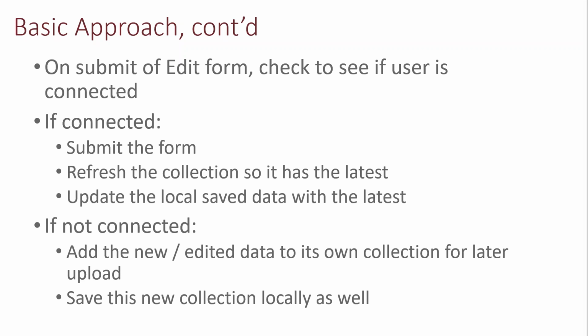Now, if they're not connected, we're going to add the new or edited data to its own collection for later upload, and we're going to save this locally as well. So basically, if you're not connected, we're just stashing that data, and then once you're connected again, we're going to submit it. And maybe this stuff doesn't make a lot of sense until we look at the demo. So that's what we're going to do now.